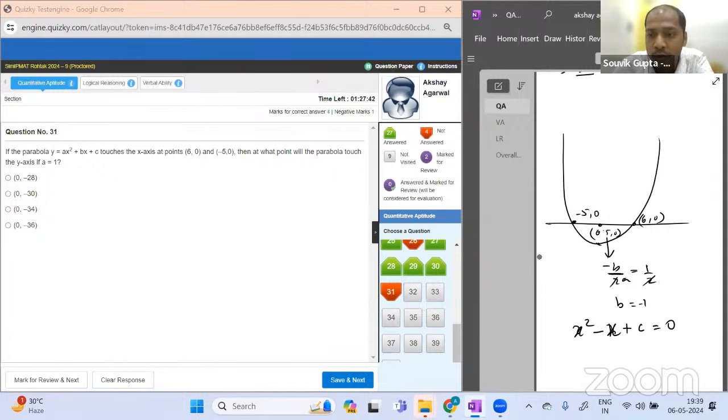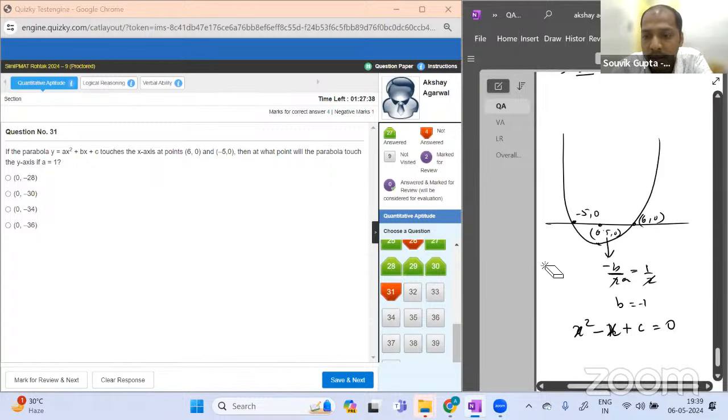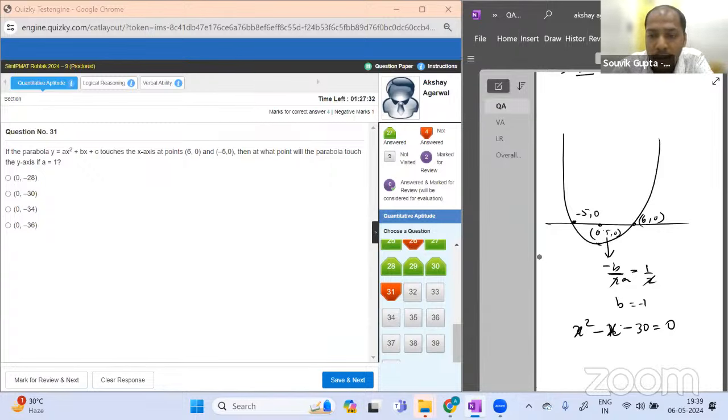And the product of the roots is 30, so c is actually minus 30. And then at what point will the parabola touch the y-axis? Put x equal to 0, then we get minus 30.